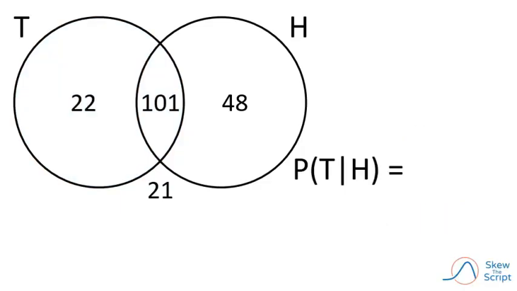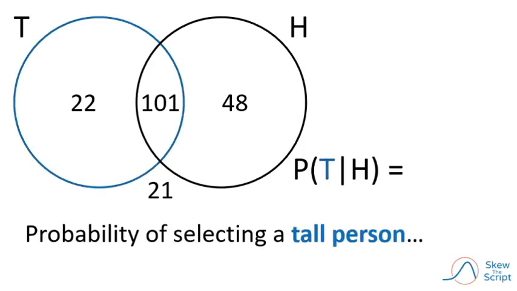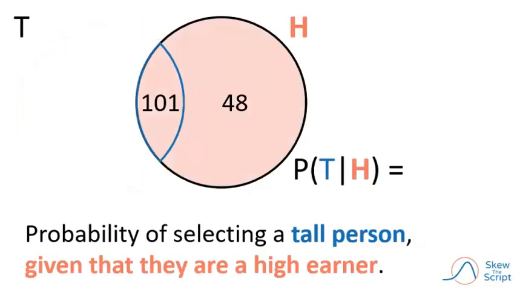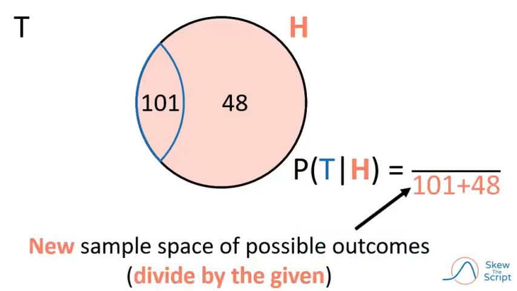So now let's take a look at this probability. This is the probability of selecting a tall person given that they are a high earner. And since we're given that they are a high earner, this eliminates the probability of selecting anyone who is not a high earner. So we can ignore anyone outside of the high earner circle. So the new sample space of possible outcomes is the given, the number of high earners.